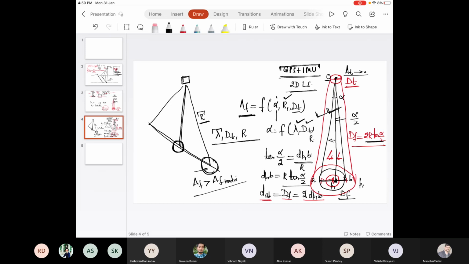Lambda is a property of the laser source, it is fixed. dt is a fixed architecture of the laser transmitter, it does not change. The only variable is range R. AF will be affected only by range R. So AF becomes a dynamic parameter and varies with the range from the point to the laser source.